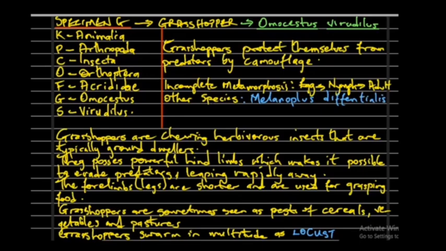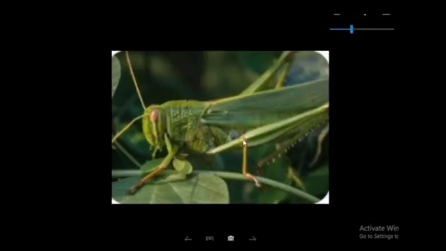We also have the Caelifera species. The species that we are using for this case study is the Homocestus viridulus. You can see this is an example of a grasshopper.